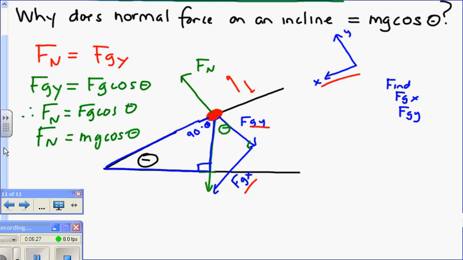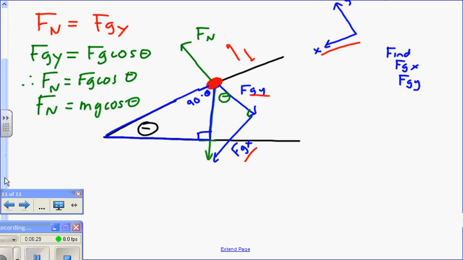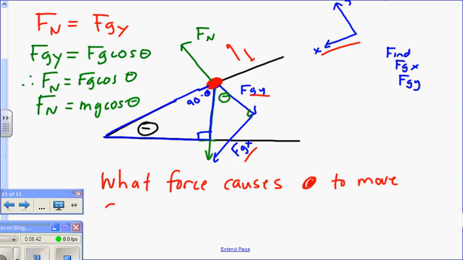What force is causing the red dot to move down? And if you guessed gravity, you're absolutely correct, except it's not purely the gravity force.